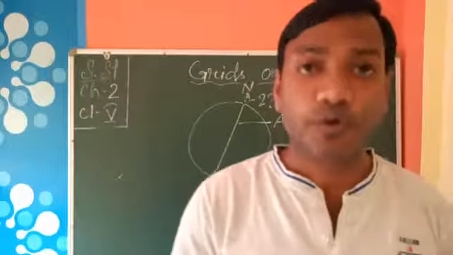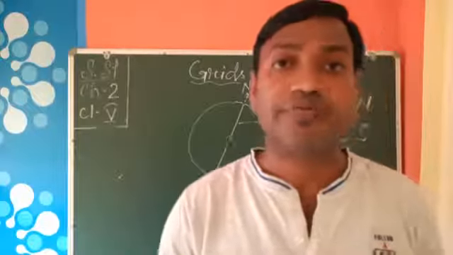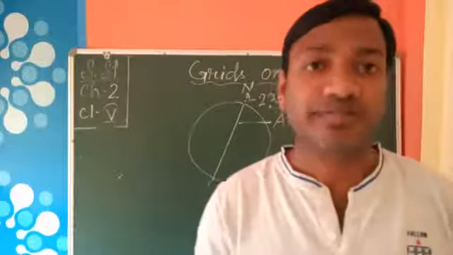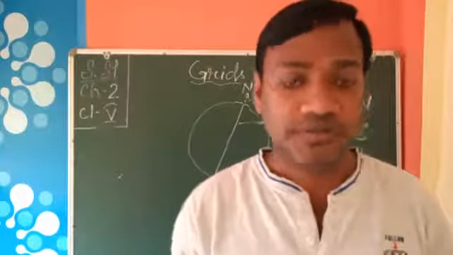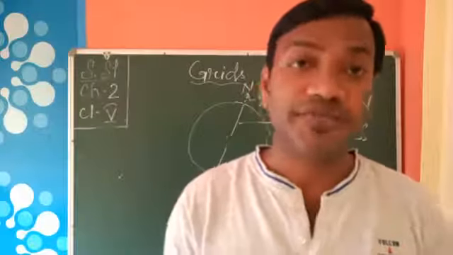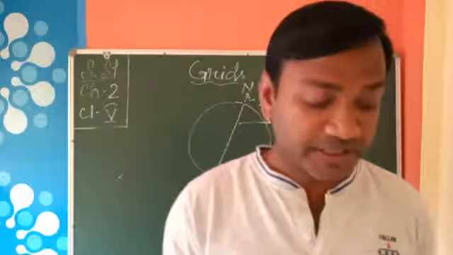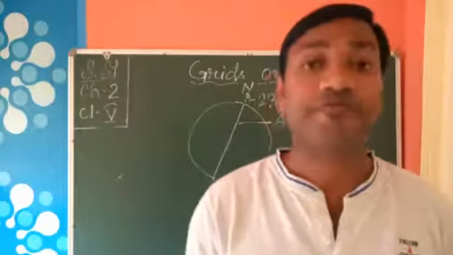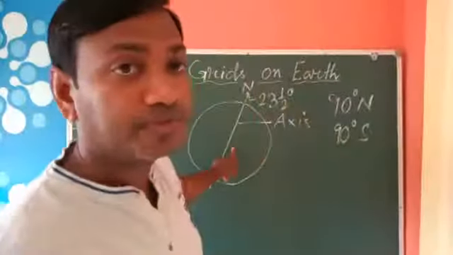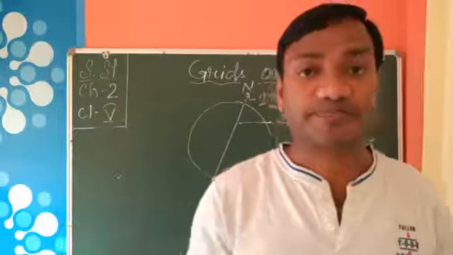Not everything, but we find the continents, that means the land masses, the oceans, countries and important cities on the globe. A map is the representation of the earth on a flat surface. So a map is not like the globe, it is drawn on a flat surface.